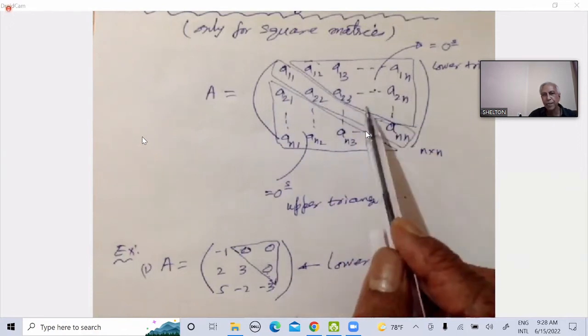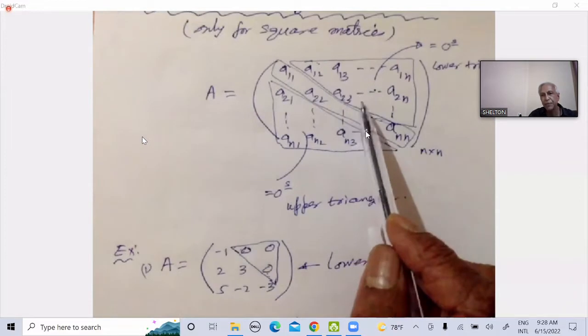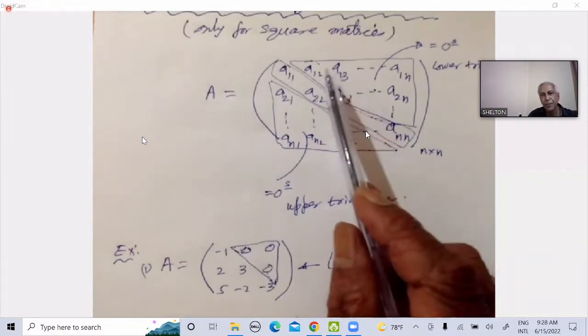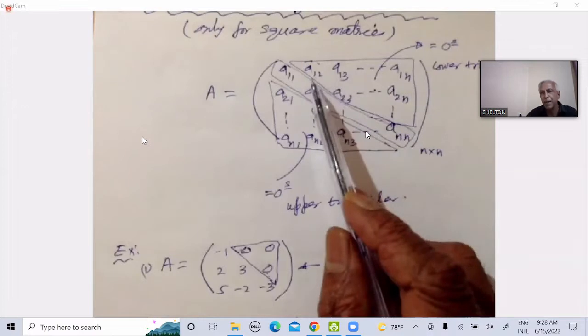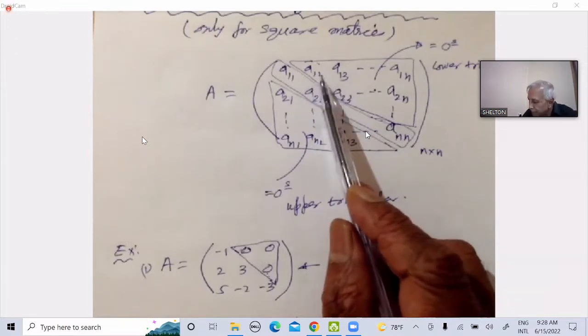Next one would be here, a third row, A33, A34, A35. Which one is bigger, I or J? For this part, maybe if I put it there, you will understand it better.